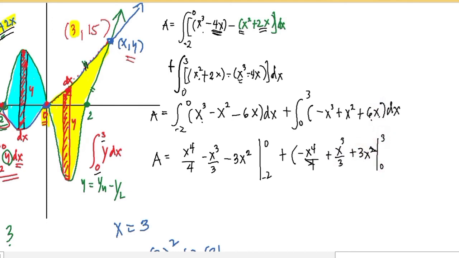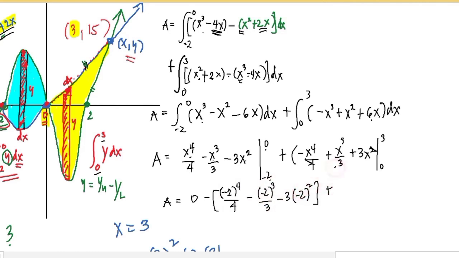Okay. So, if we are going to evaluate our integral, then if x is 0, everything is 0. Minus the lower limit, negative 2. So, that would be negative 2 raised to 4 over 4 minus negative 2 raised to 3 over 3 minus 3 times negative 2 squared. Okay?